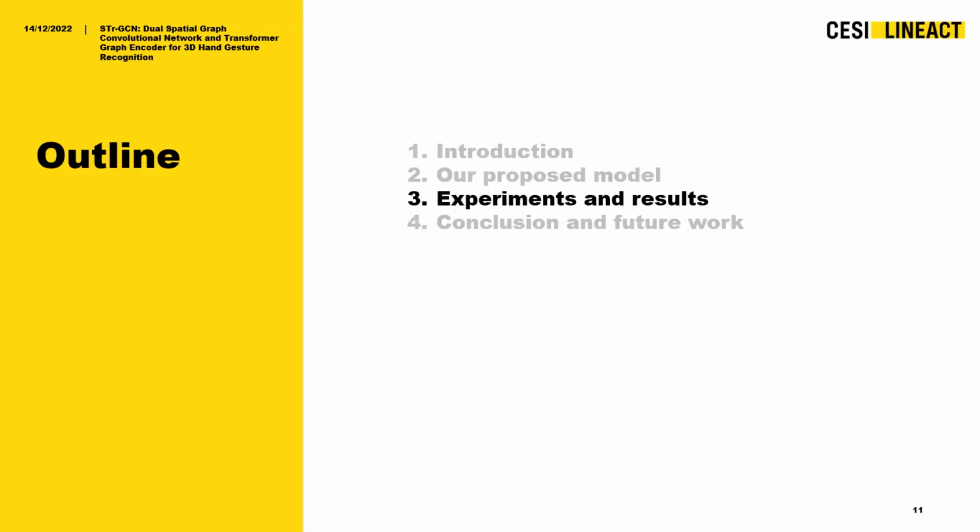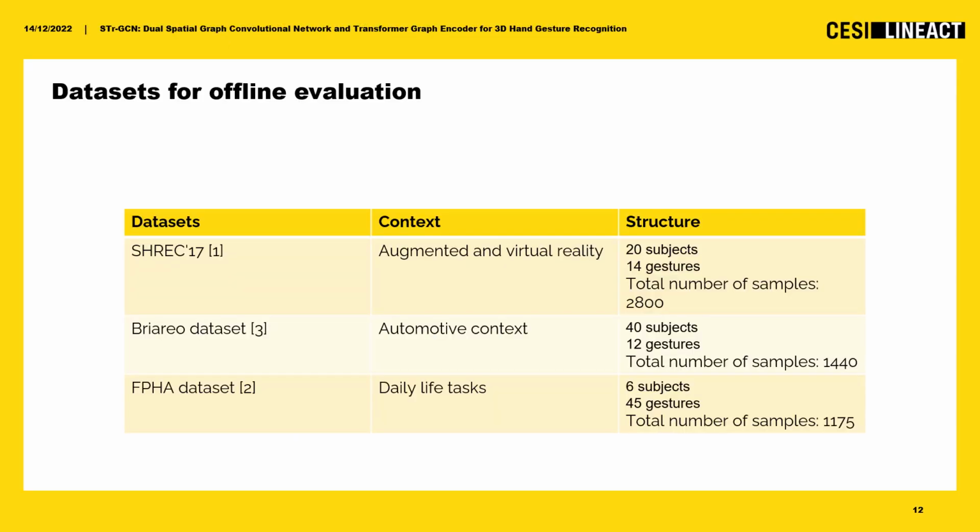Now let's go through the experimental results. In this paper, we tested our approach on 3 popular benchmarks for hand gesture recognition captured in different contexts: augmented and virtual reality context, automotive, and daily life tasks. We follow the same experimental protocol as previous papers to produce our results.